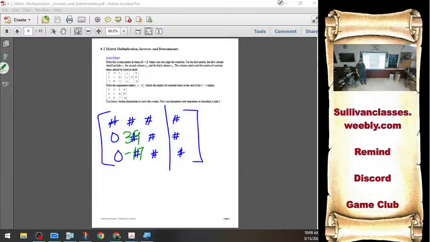Force it. 39 row 3 plus 17 row 2. And use the calculator. If you haven't screwed anything up, it should come out clean. Okay? Just force the issue. Use the calculator to make sure you don't screw up any arithmetic because now you're dealing with larger numbers.